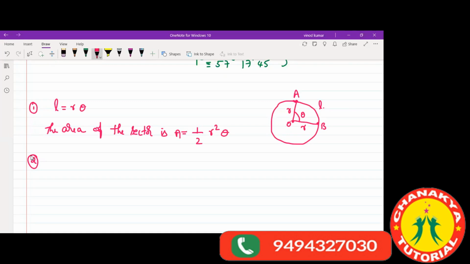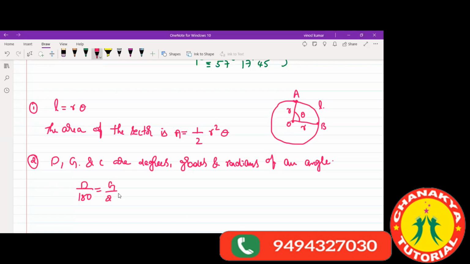If D, G, and C are the degrees, grades, and radians of an angle, then the relation is D by 180 equals G by 200 equals C by pi.